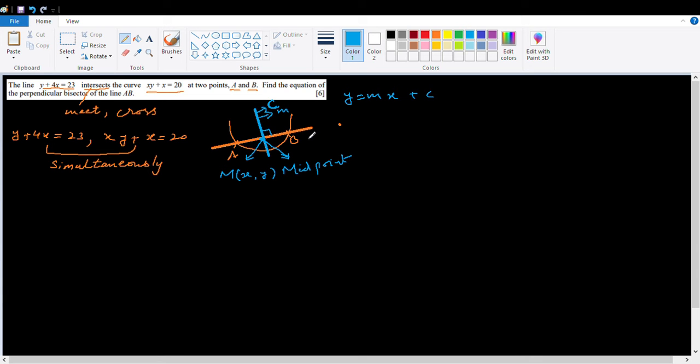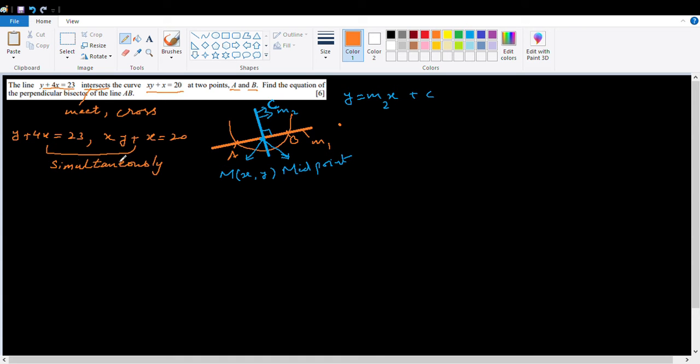Let's call m for the line AB as m1, and m for the blue line as m2, which we need. And c we are supposed to find out.